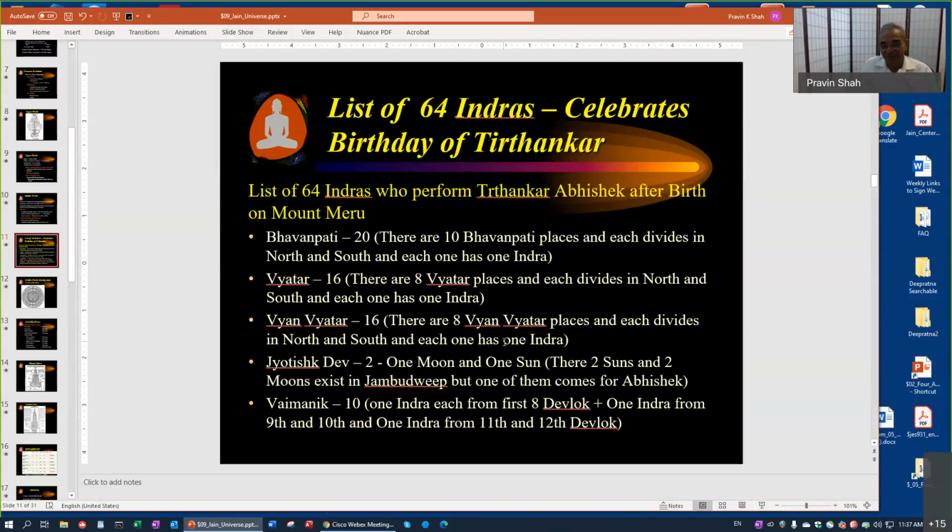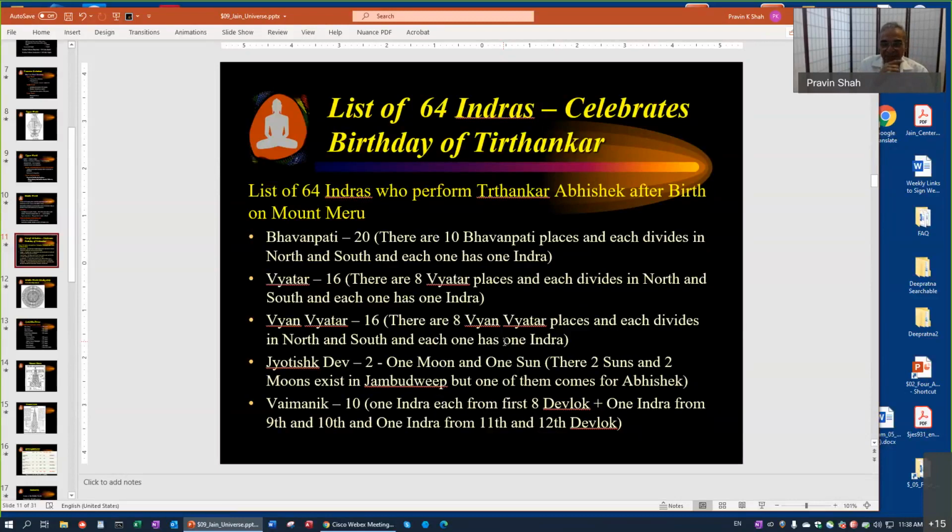One lives with the crowd, and the Vanvyantar lives in the jungle, very near the earth's surface. These two, the Bhavanpati and the Vyantar, are both below us. The Vanvyantar is closer, then below that is the Vyantar, and below that the Bhavanpati.